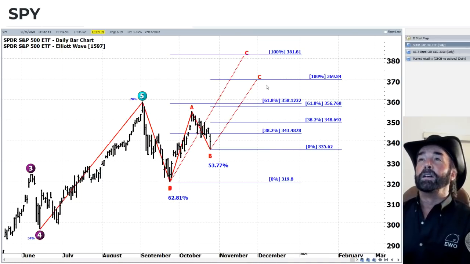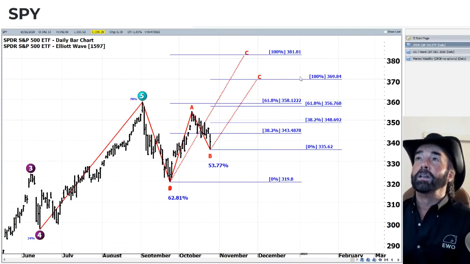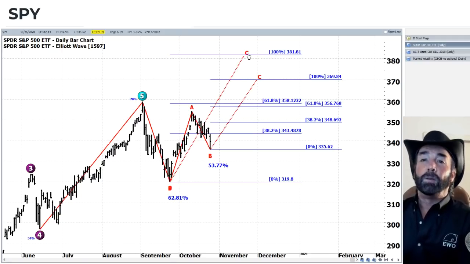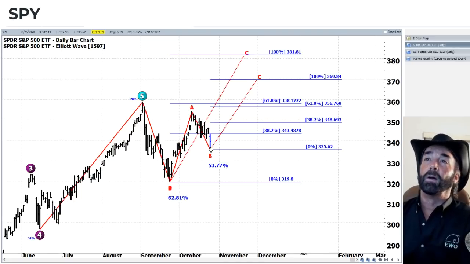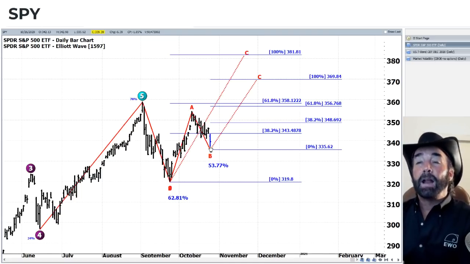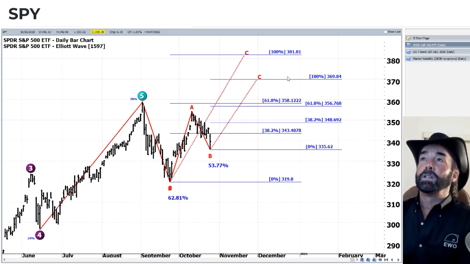Now the difference is the C wave extension isn't exactly in tune with the 100% C wave extension in the larger zigzag as it was in the last recording, but still forecasting a move to new highs. Some people would argue that a 50% B wave corrective zigzag has an even higher probability chance of occurring than the 38% one. So really not as much has changed in those two zigzag patterns.